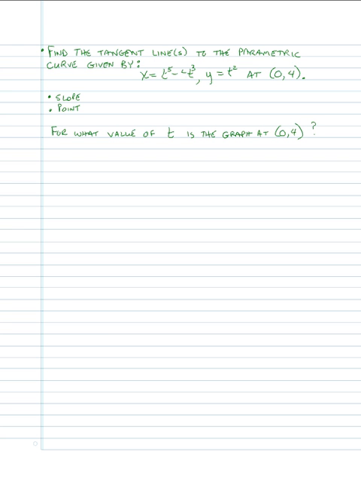Well, at 0, 4, that means x is 0. And if x is 0, that means that 0 is equal to t to the 5th minus 4t cubed. Well, if we solve that equation for t, that tells us t is 0 or positive 2 or negative 2.